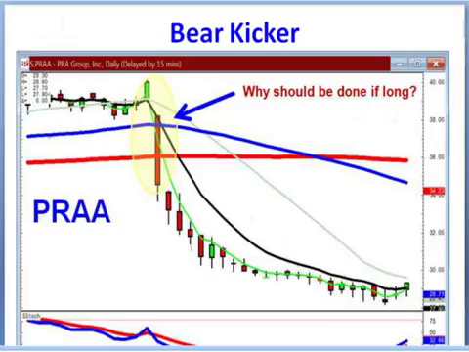No, I don't see any bull kicker. I don't understand the question. Again, they're all still trading down. A bull kicker would have been here. The next day they closed here, gapped it up, and went the opposite direction.